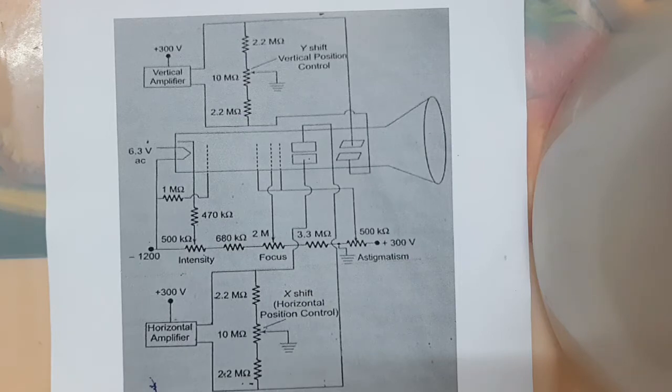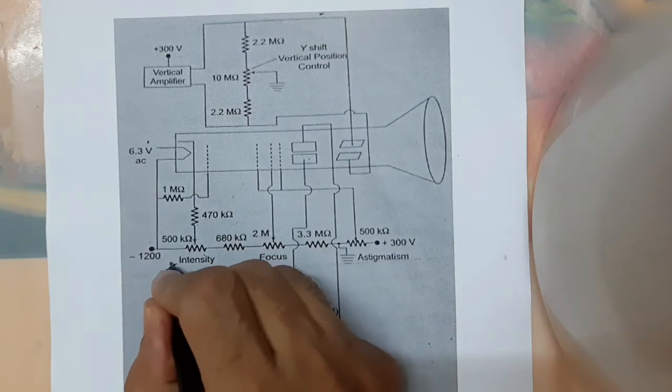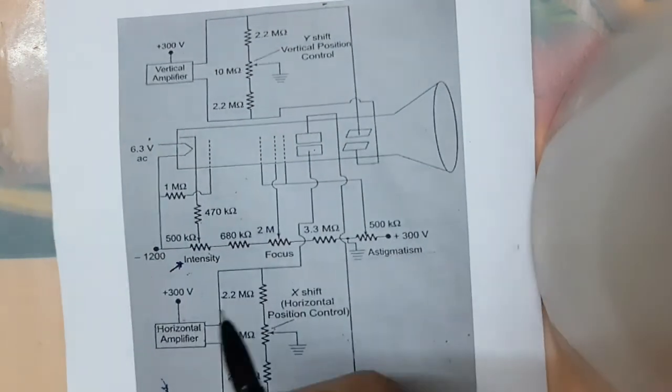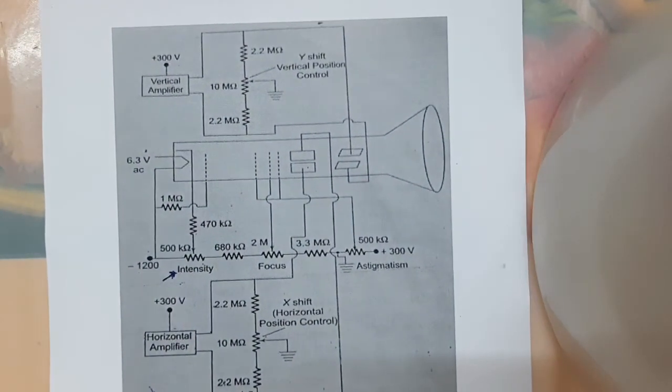First one is the intensity. It controls the magnitude of the emission of the electron beam. That means the electron beam is adjusted by varying the cathode to grid bias voltage.